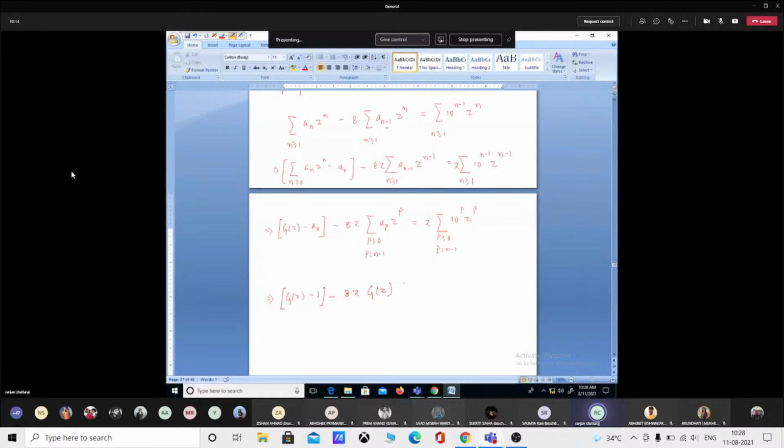And this is z into the sum of alpha to the power n z^n. You see the list: this is 1 by 1 minus alpha z. So we have alpha equals 10, so alpha z.